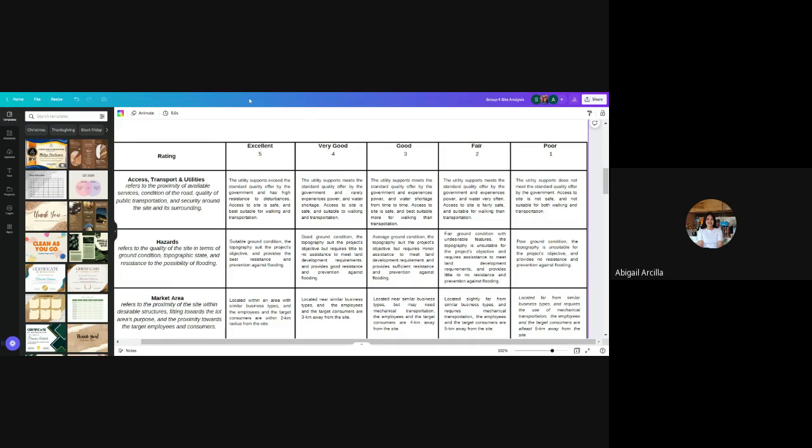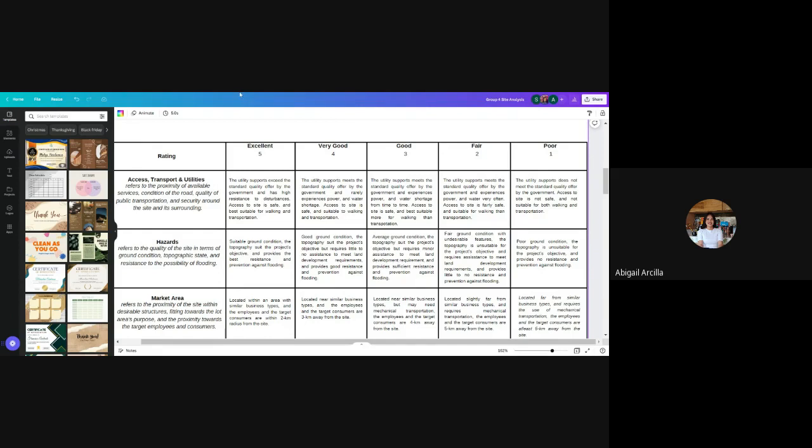Fair, sir, is acceptable ground condition but needs excavation, major assistance for land development, while poor is poor ground condition and topography, practically unbuildable, sir.